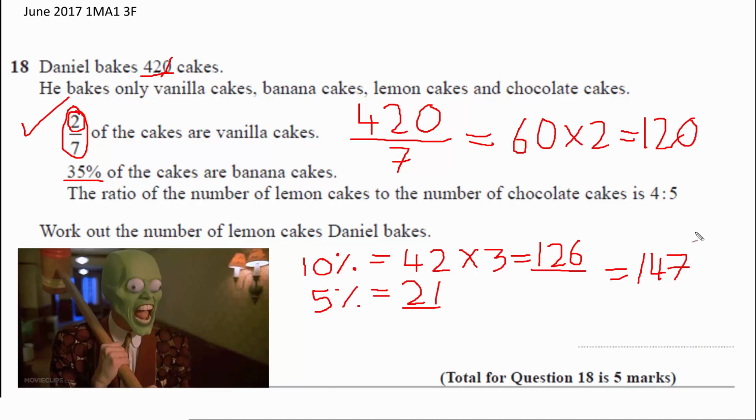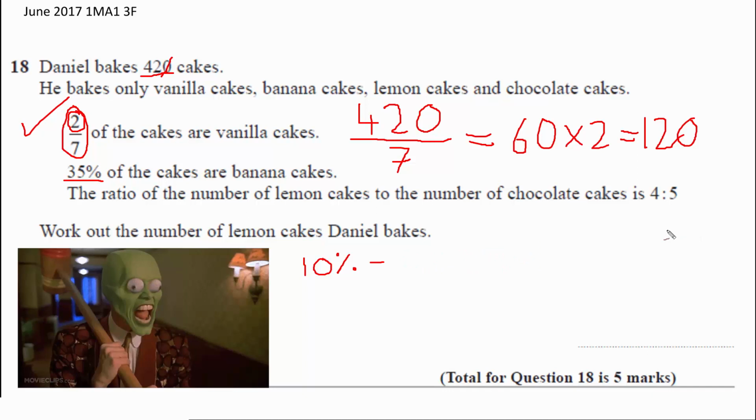So if I add those together, I've got 120 plus my 147, so that gives us 267 of the vanilla and the banana.